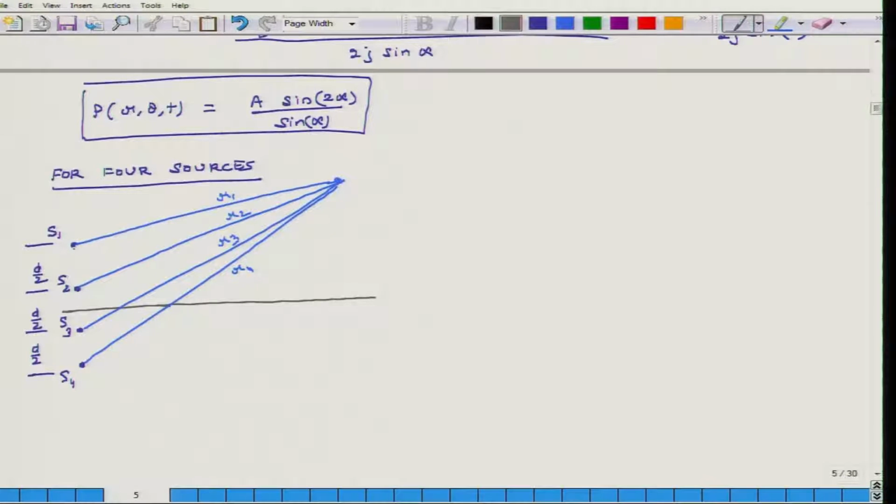And if I connect all these points, then the distance from the median line to the point of interest is R, and this angle is theta.